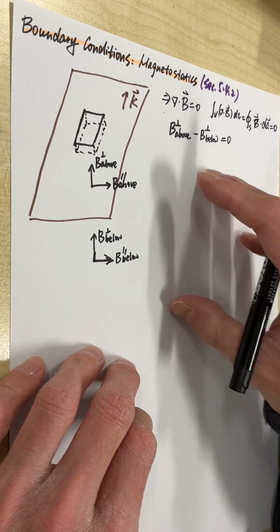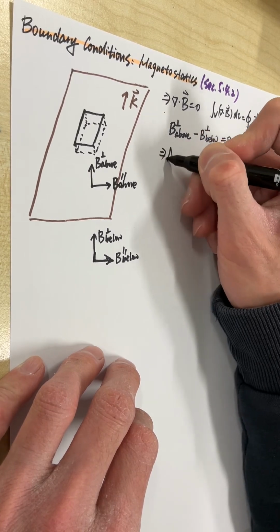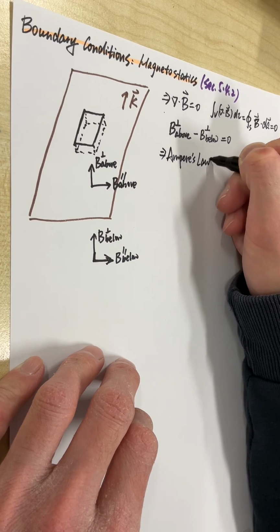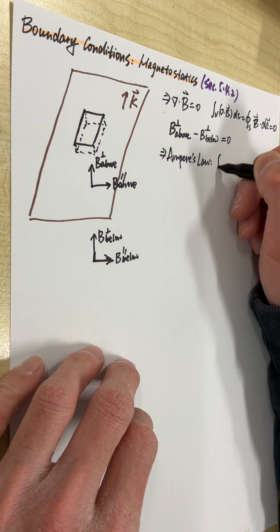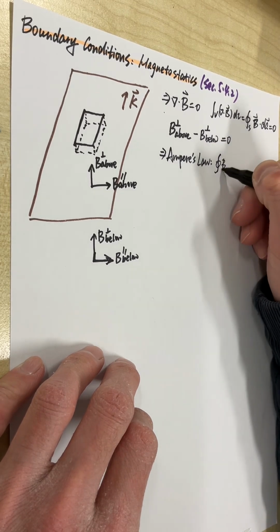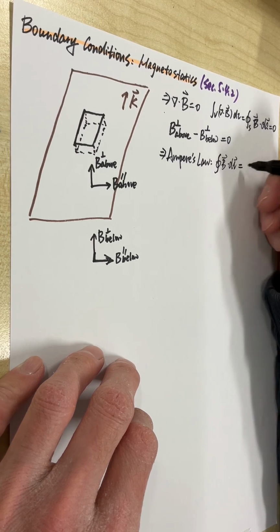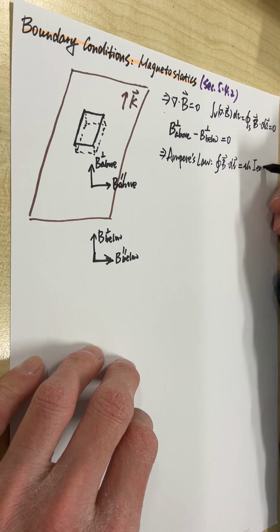There's no magnetic charge. And then we also always have the curl of B, which tells us the integral form is the closed line integral of B dot dl equals mu 0 times the total current enclosed.